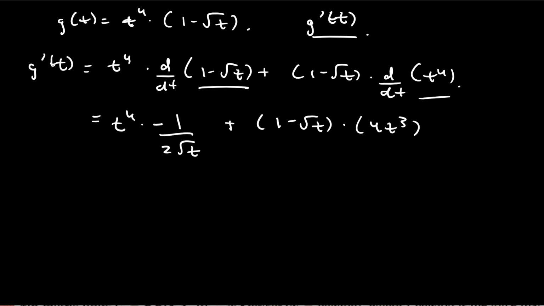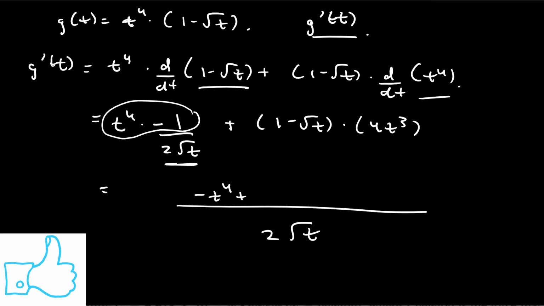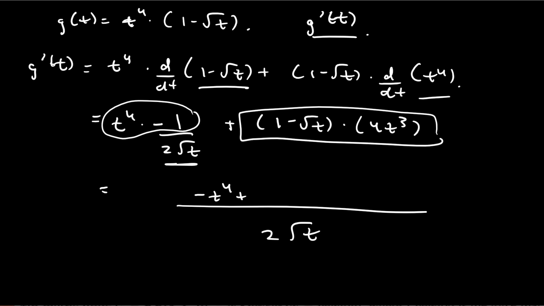Again, we can get a common denominator of 2 root t. We write it here, 2 root t. The first term is just going to be minus t to the 4th plus, now we need to multiply this by 2 root t. So we're going to have 2 root t multiplied by 1 minus root t times 4t cubed.